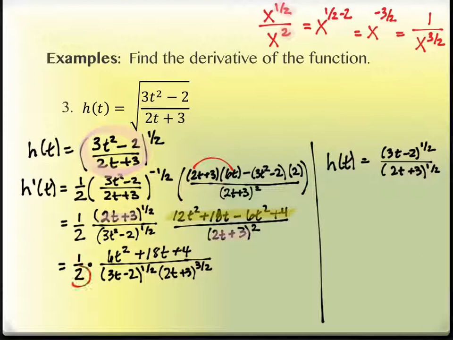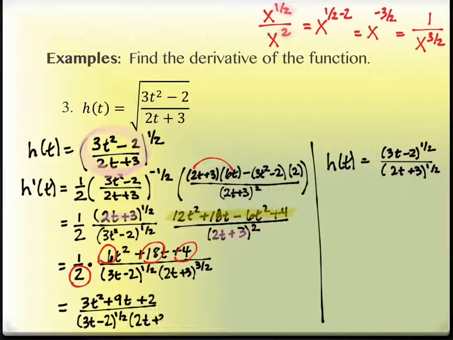And because this 2 down here has a 2 in each of these, we can simplify that as well. Cancel out a factor of 2. So I get 3t squared plus 9t plus 2 over 3t squared minus 2 to the 1/2 and 2t plus 3 to the 3/2.